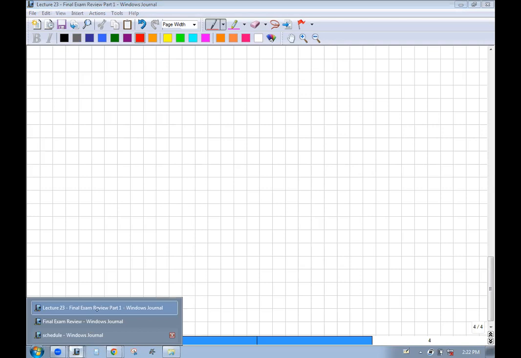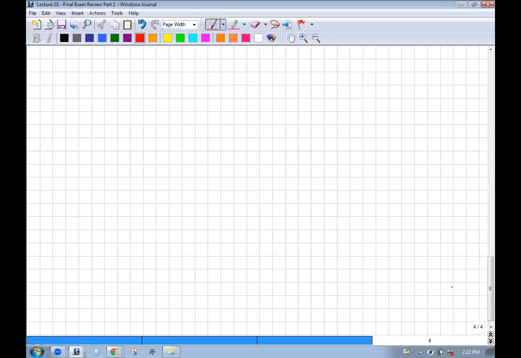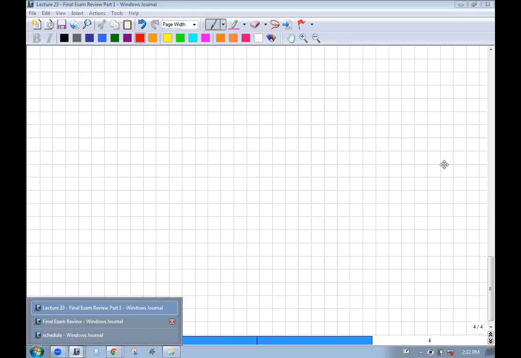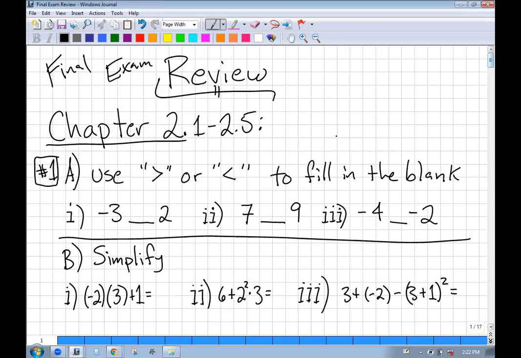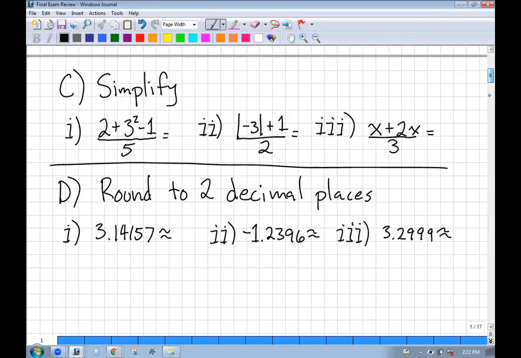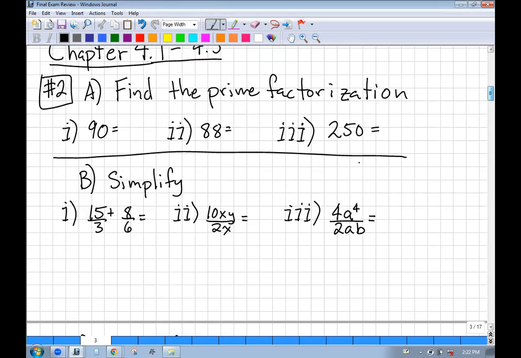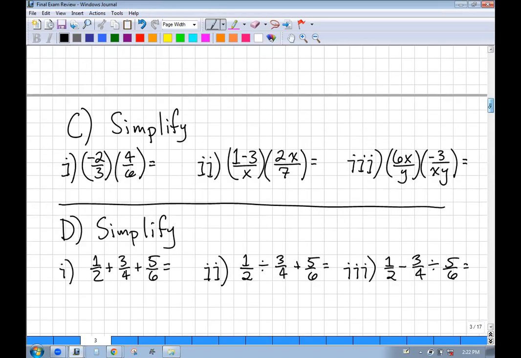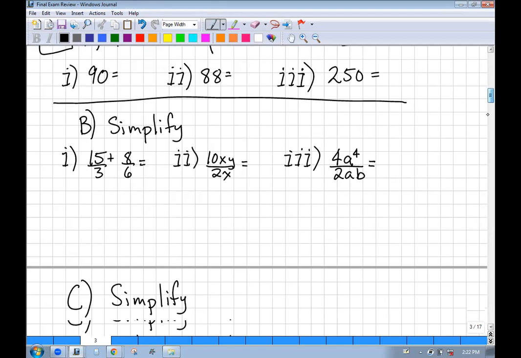So your final will look something like this. Here, I'll show you a sneak peek. There's number 1 that has a few parts, and there's an A and a B, and each A and B has a few parts, right? There'll be a number 2 with multiple parts. This one has A, B, C, and D in it.